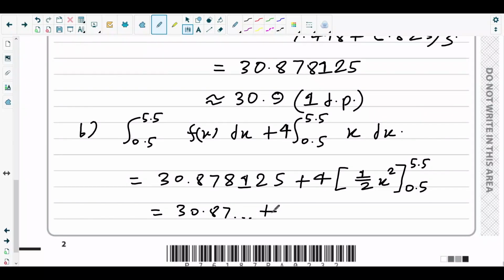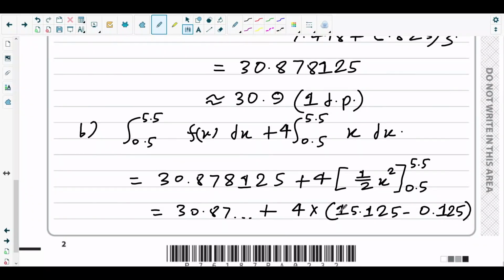Half of 5.5 squared is 121/8, which is 15.125, minus half of 0.5 squared, which is 1/8, or 0.125.